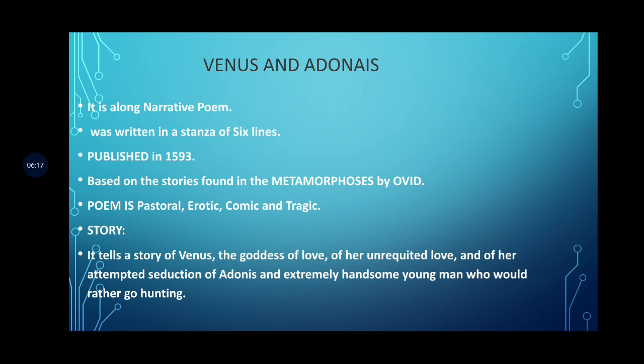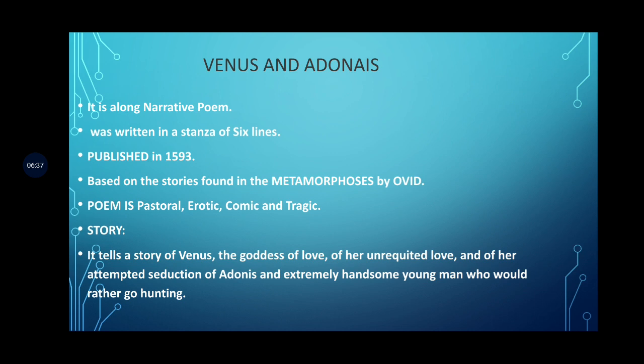Now, what is the story of it? It tells the story of Venus, the goddess of love, of her unrequited love, and of her attempted seduction of Adonis, an extremely handsome young man who would rather go hunting.